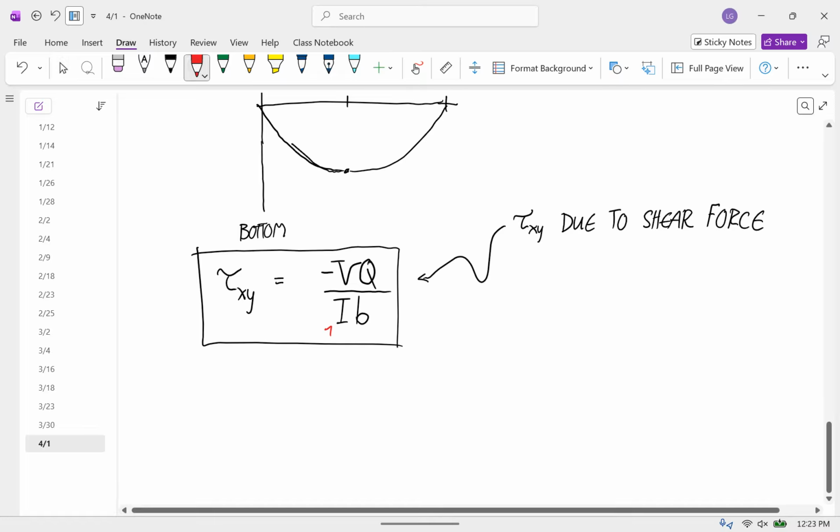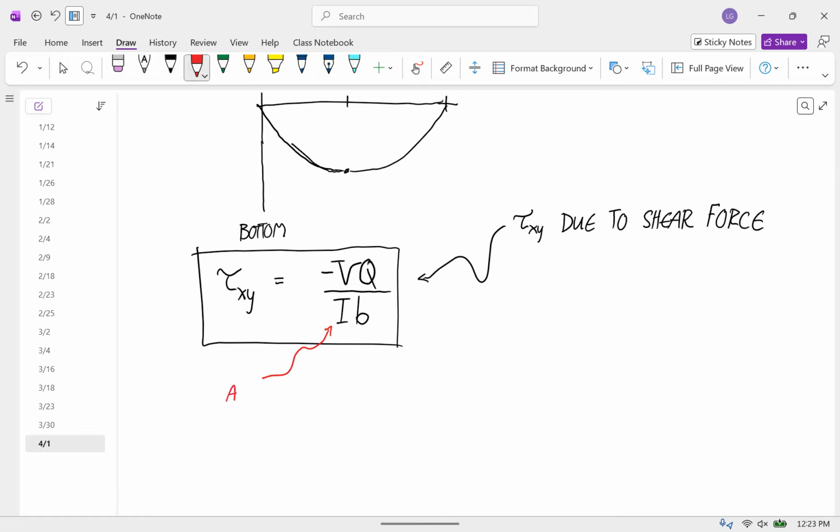This is the area moment of inertia. We already know what that means. This b is the width of the beam, the base of the beam, at the height of your calculation.